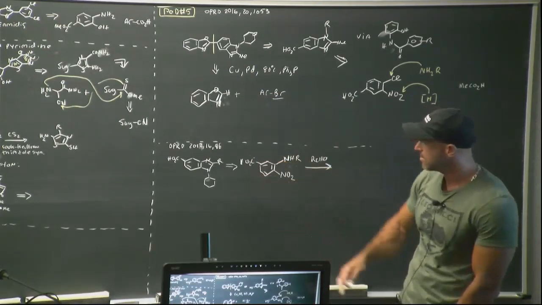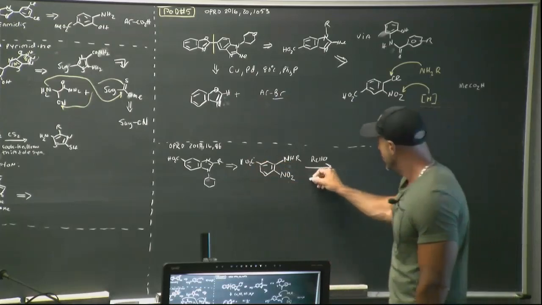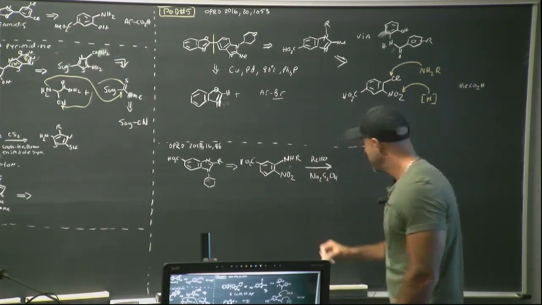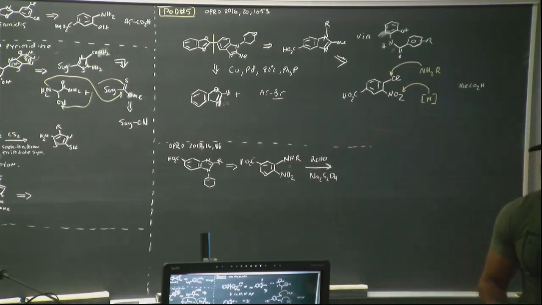But the key advance in this paper is on process scale, if you just use Na2S2O4, you can use the innate reactivity of the nitro, go to a lower oxidized form of the nitro, it cyclizes partially and then continues to reduce. So they call it a reductive type cyclization.